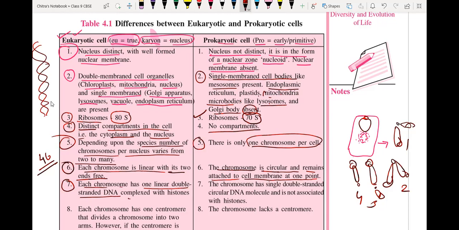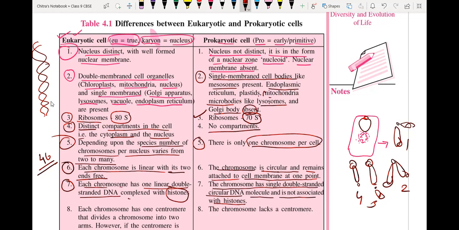But in a prokaryotic cell, the chromosome has a single double-stranded circular DNA molecule, and it is not associated with histone. Here histone is attached to the DNA, but in a prokaryotic cell, no histone is present.